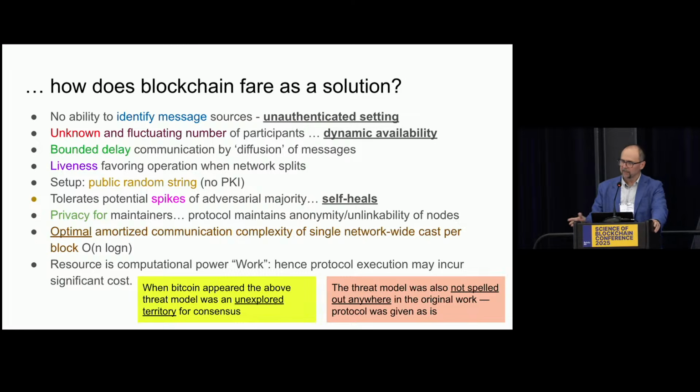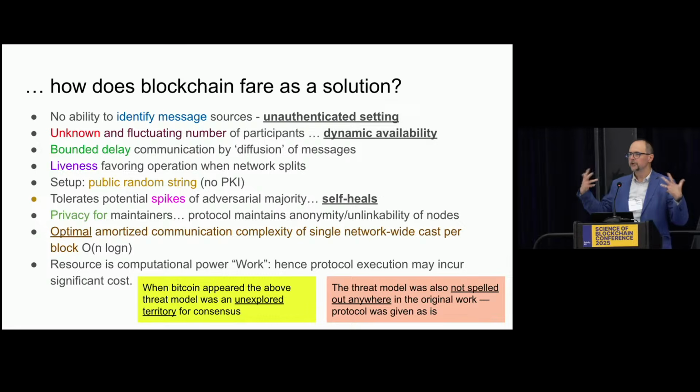The protocol has a public setup. It has optimal communication complexity and even has the ability to self-heal after spikes of adversarial activity or even network splits. What is interesting about this model is that it was unexplored territory for the consensus academic literature when the Bitcoin blockchain was introduced.